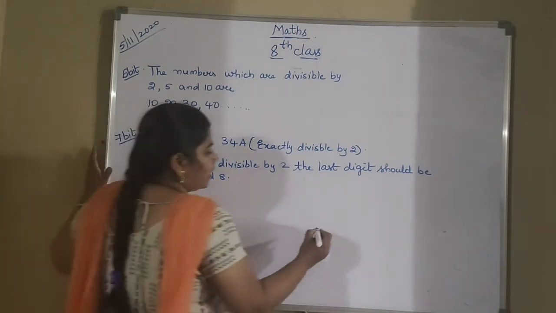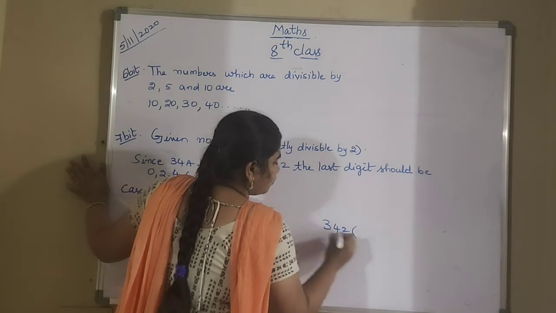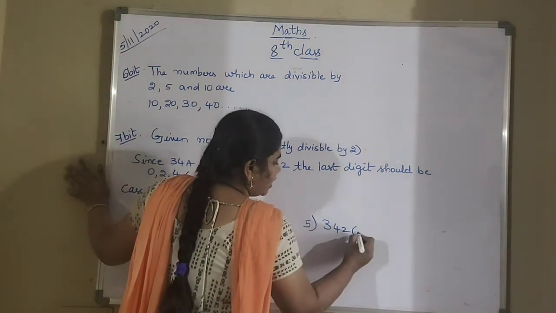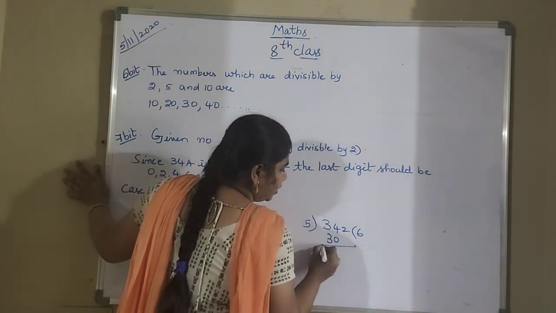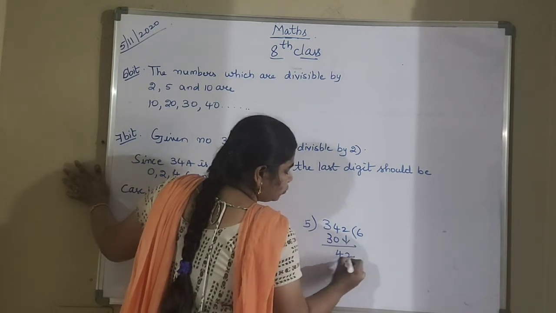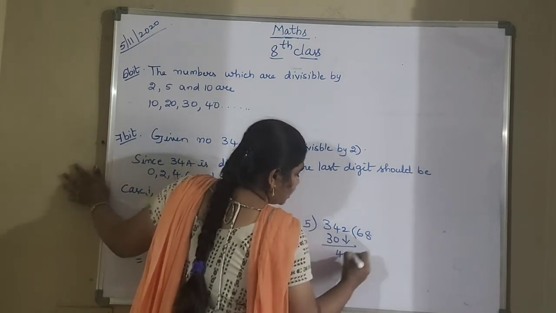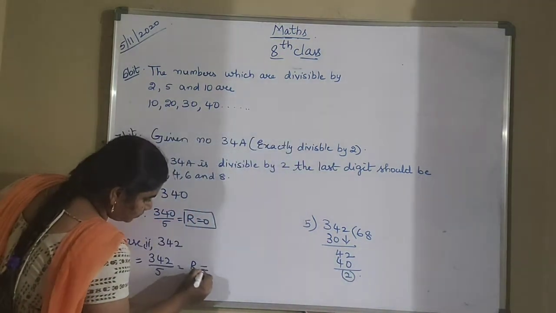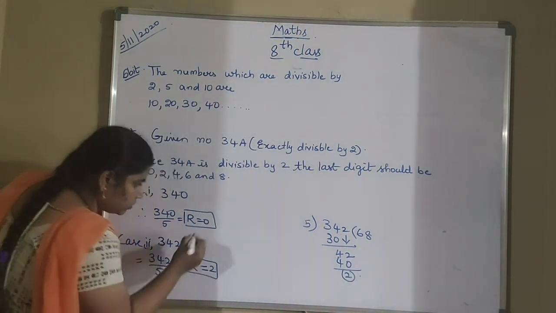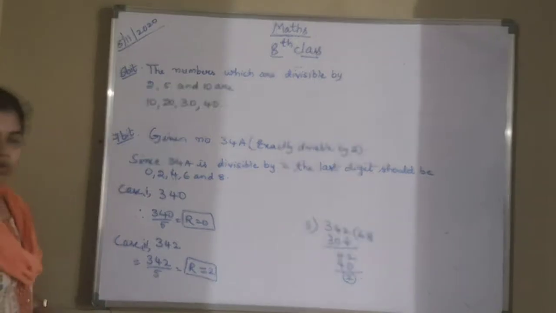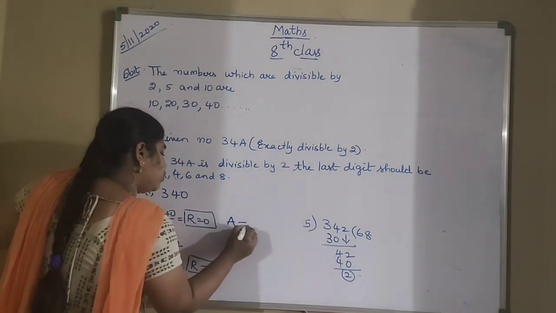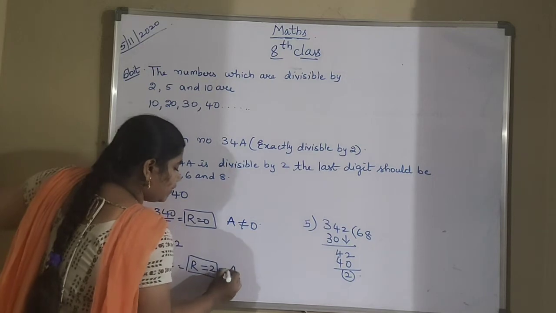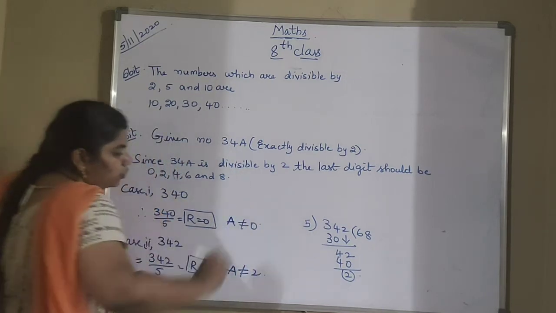We will divide and see here. 5 6s are 30. I am bringing this 2 down. 5 8s are 40. So the remainder you got is 2. So this is not the value. Here a is not equal to 0 and a is not equal to 2 also.